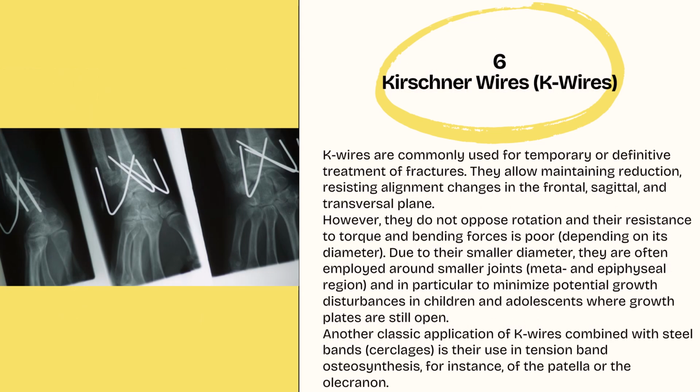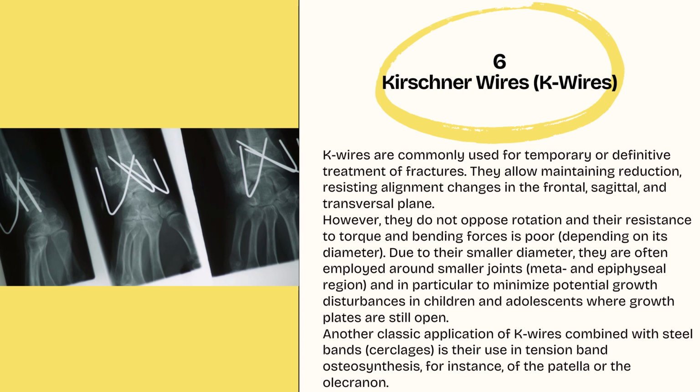The next management is K-wires. K-wires are commonly used for temporary or definitive treatments of fracture. They allow maintaining reduction, resisting alignment change in the frontal, sagittal, and transversal plane.